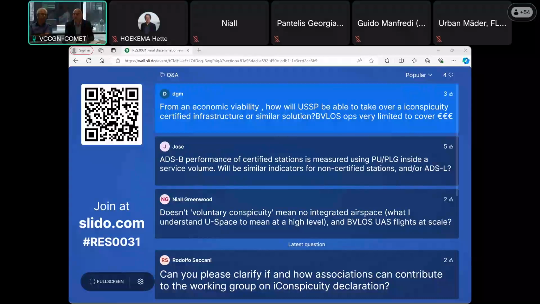So the USSP will not be on the front line of the installation of the infrastructure, but will rely on third parties to do the job. And those third parties are CNS specialists. So certainly that will be, in my opinion, the most efficient way to foster the implementation or dissemination of geospatial space in uncontrolled space.